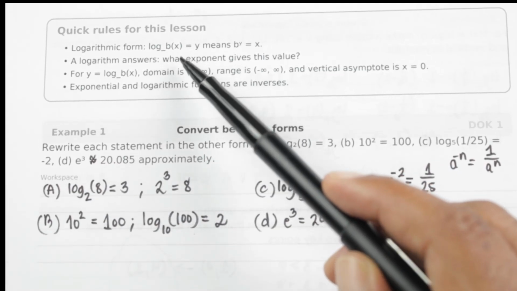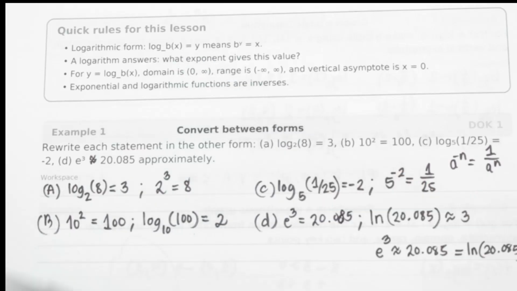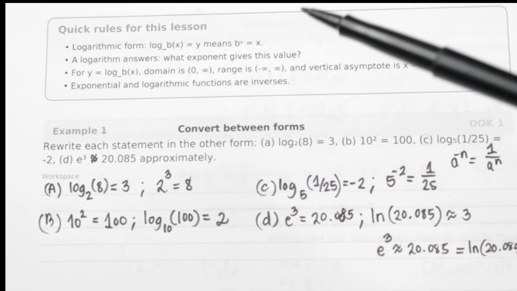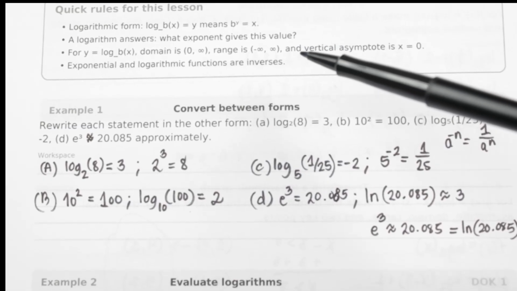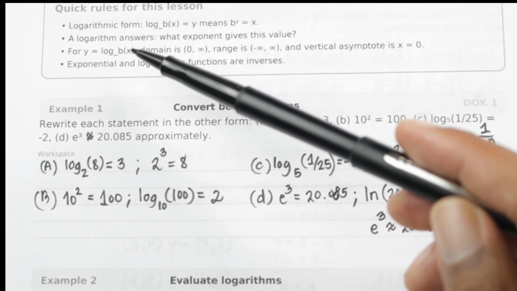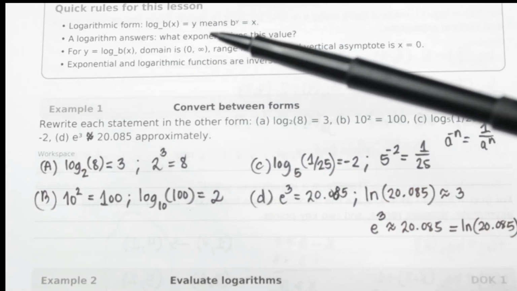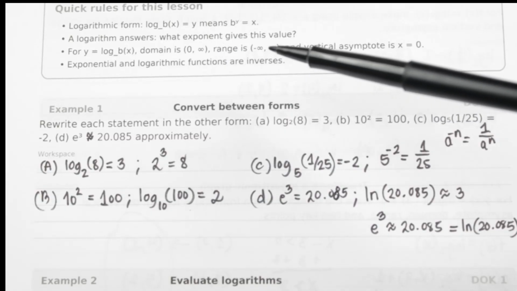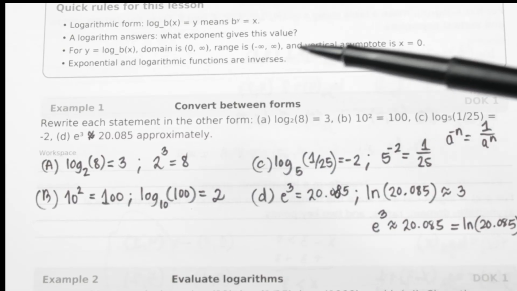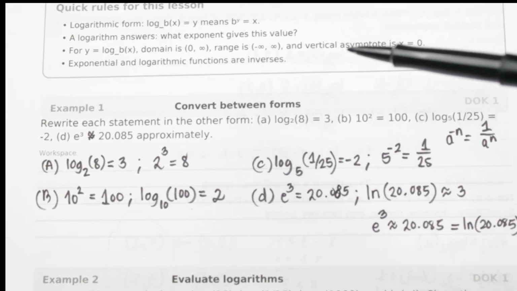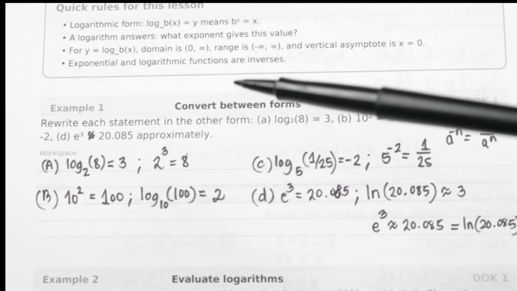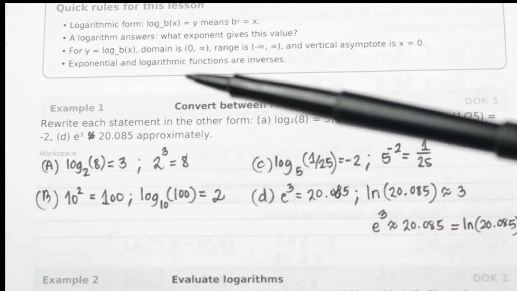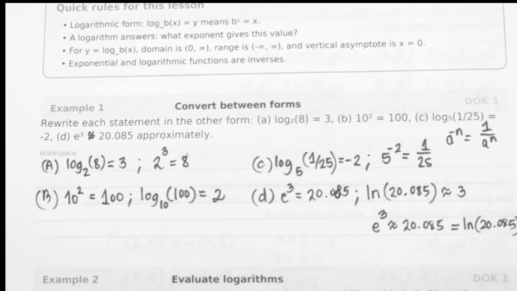A logarithm answers what exponent gives this value. And then for y equals log sub b of x, always understand that the domain is going to be positive, going to infinity, and the range is always going to be all real numbers, unless stated otherwise. And then the vertical asymptote is x equals 0. Exponential and logarithm functions are essentially inverses of one another.